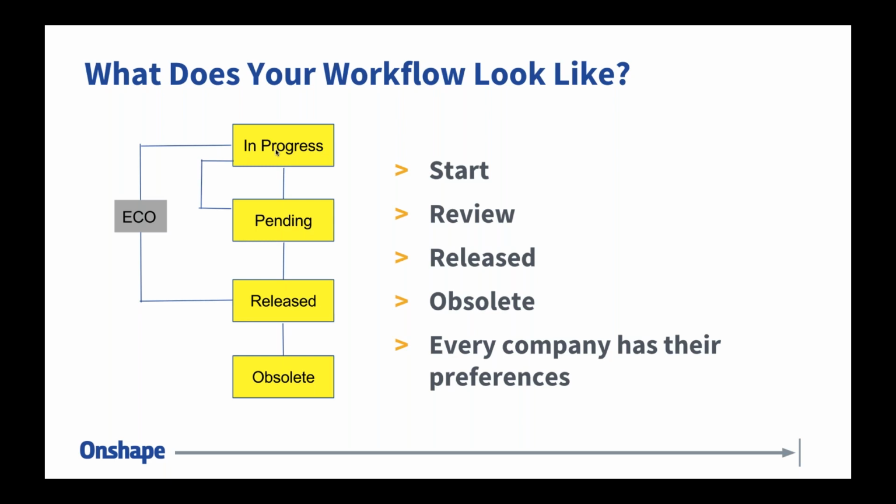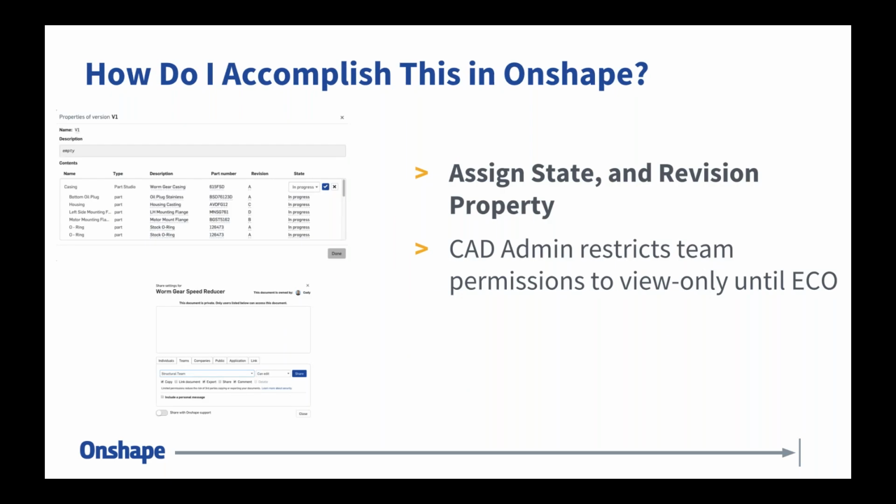And the question then becomes, well, how would you do this in Onshape? How do I take this process that I'm used to and push it into an Onshape document, right? Where maybe I've done this with files in the past, managing files. And so the answer is, we're assigning a state and revision property as part of the version process.